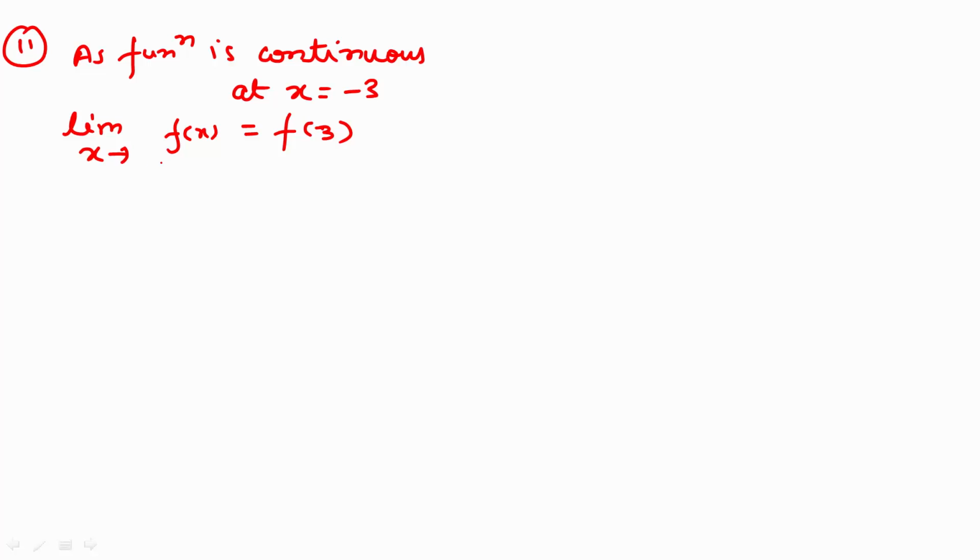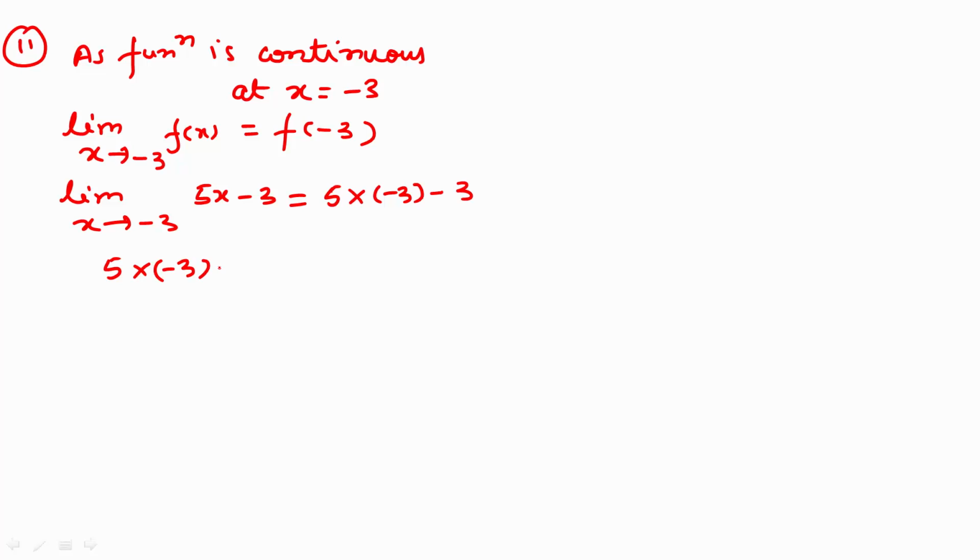Sorry, limit x tends to minus 3 f(x) is equal to f of minus 3. So again we will take the function 5x minus 3, and here in the function we will put the value of x is equal to minus 3. So we can write 5 into minus 3 minus 3. On taking limit, 5 into minus 3 is equal to 5 into minus 3 minus 3.